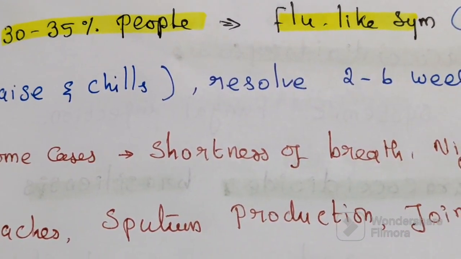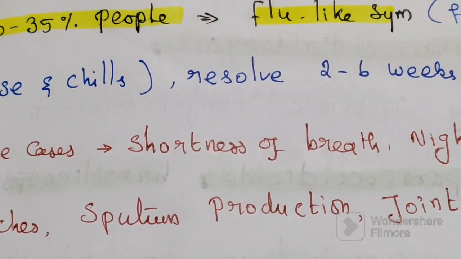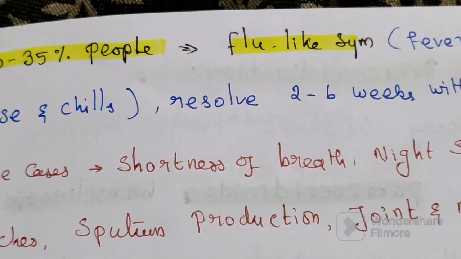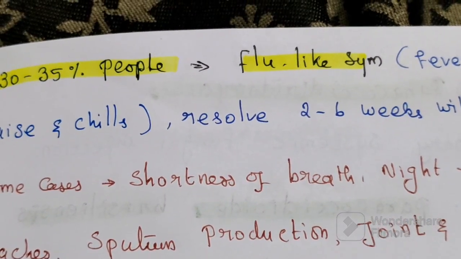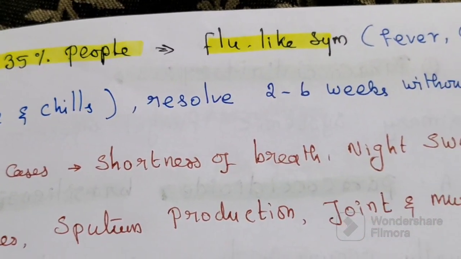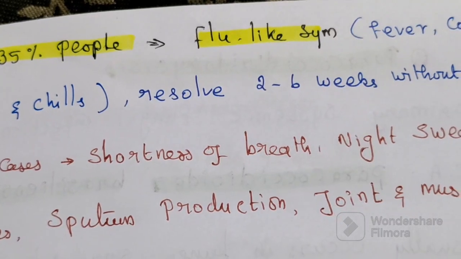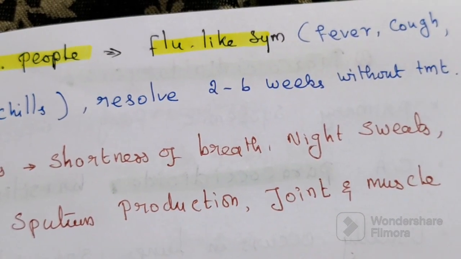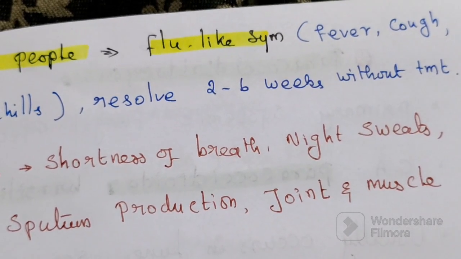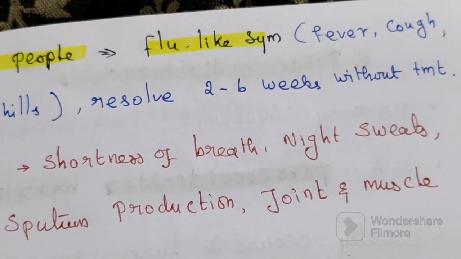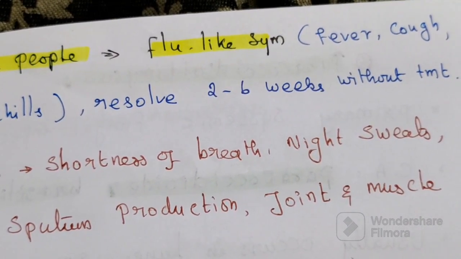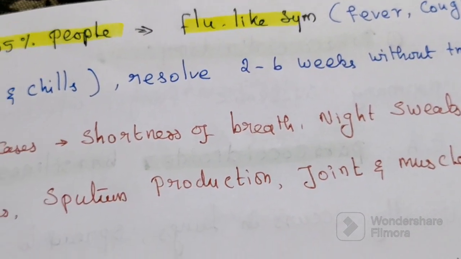30 to 35% of people who develop symptoms have fever, cough, malaise and chills, flu-like symptoms that resolve over about 2 to 6 weeks without treatment. Even if we don't take treatment, within 2 to 6 weeks this fungal disease resolves.